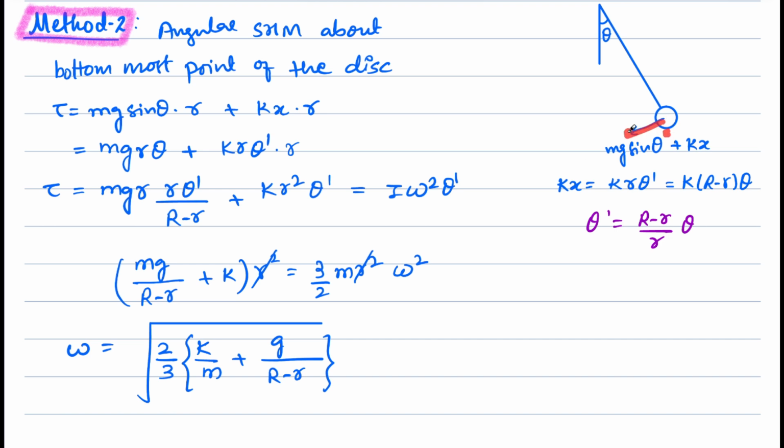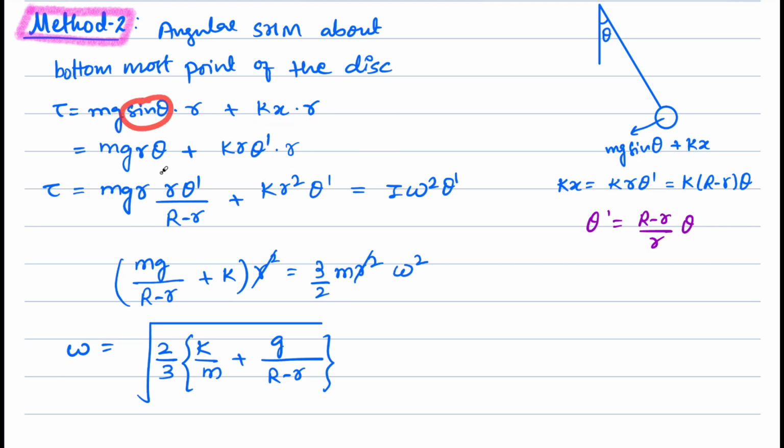Mg sin theta is acting at a distance of r, so mg sin theta into r. And kx is also acting at a distance of r from the bottommost point. So this is the bottommost point, and at a distance r these are the forces. So the torque of both of them will be mg sin theta r and kx into r. Both torques will be adding.